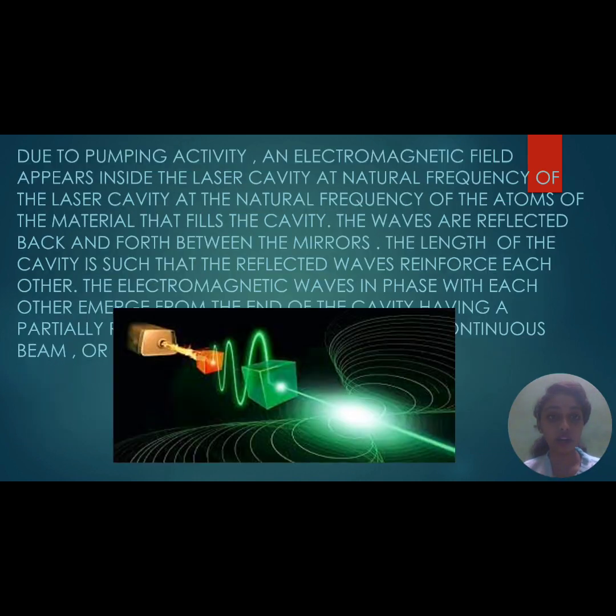Due to pumping, an electromagnetic field appears inside the laser cavity at the natural frequency of the atoms, the material that fills the cavity. The waves are reflected back and forth between the mirrors. The length of the cavity is such that the reflected waves reinforce each other.